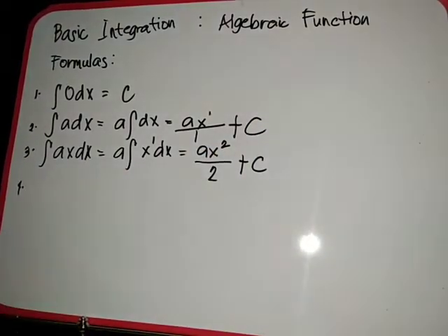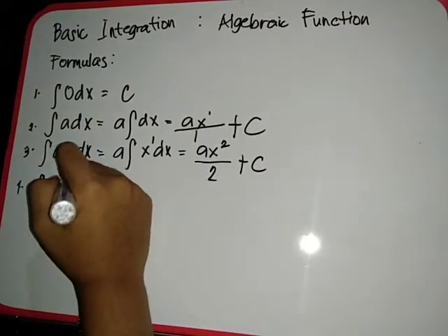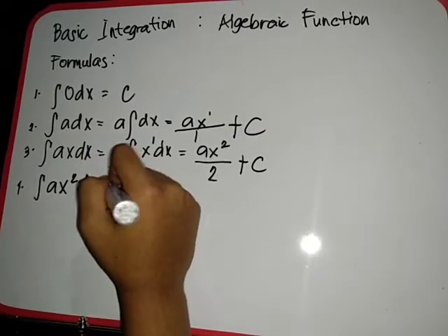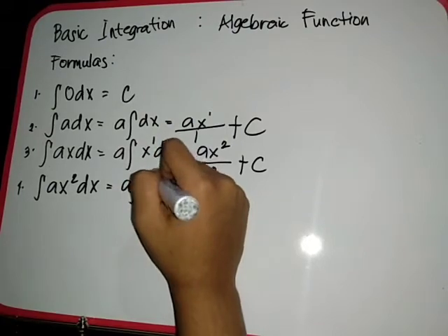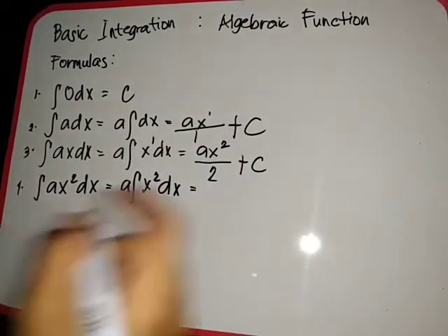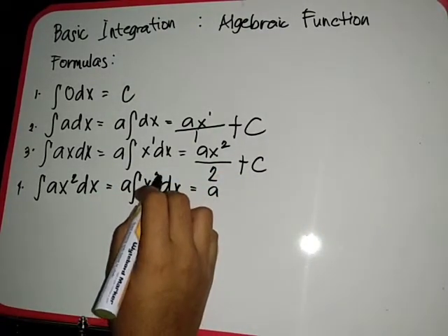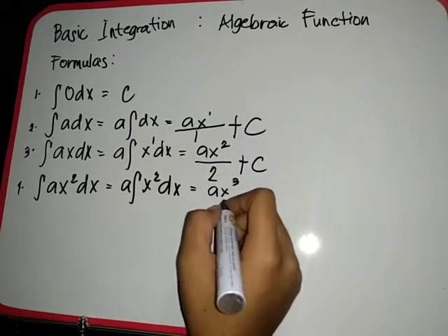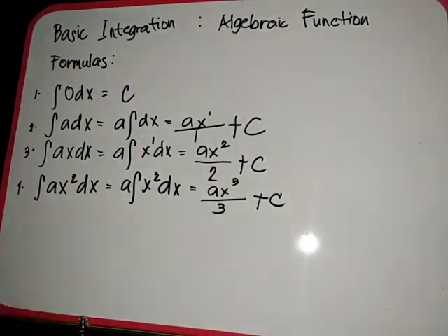Number 4 is the integral of ax squared dx equals a integral of x squared dx. So we'll add here again plus 1, so you have x cubed over 3 plus c.